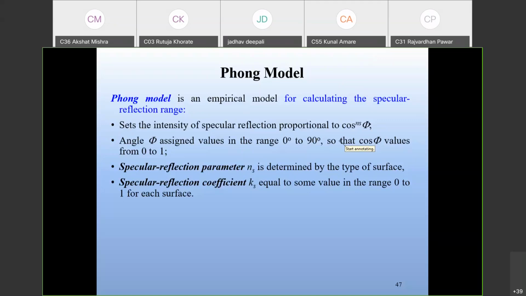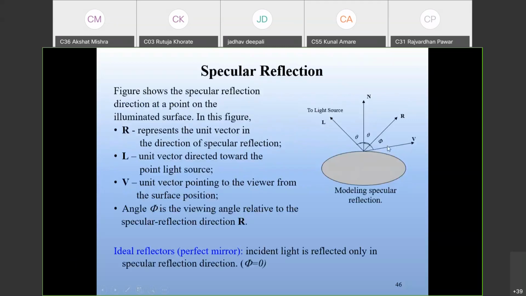But if it is not 0, then the maximum value is 90. Why? Because cos phi values are from 0 to 1. In the previous example also we have seen values like 0.4, 0.8, 0.7 up to 1. So the angle phi between R and V is 0 to 90 degrees.